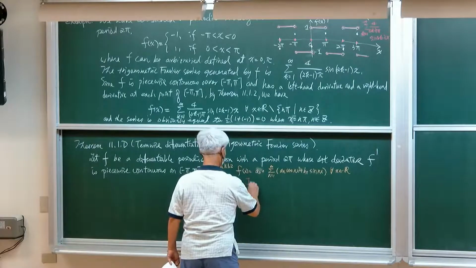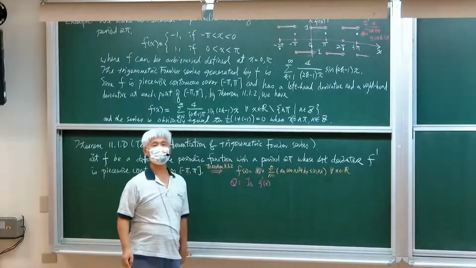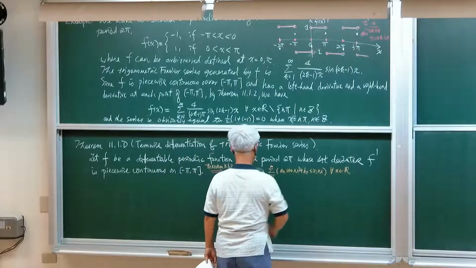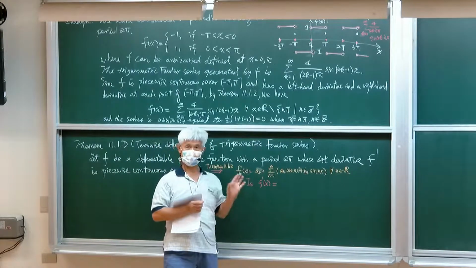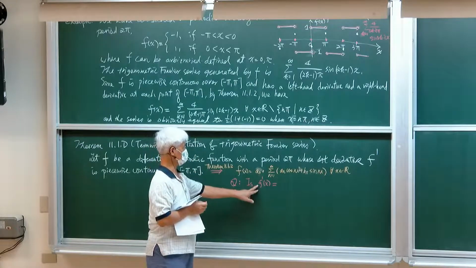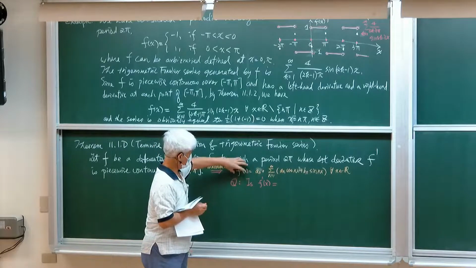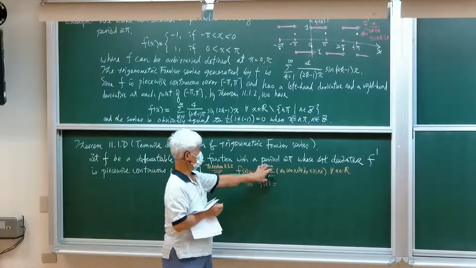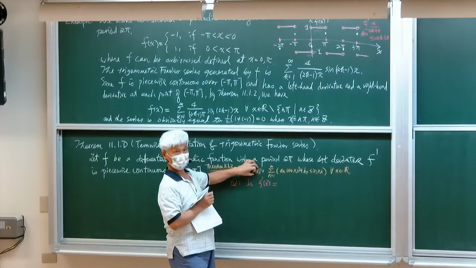Now our question is: is f prime of x equal to the termwise derivative? Because f is differentiable, this periodic function has a first derivative at every point. The derivative of the constant term is 0.